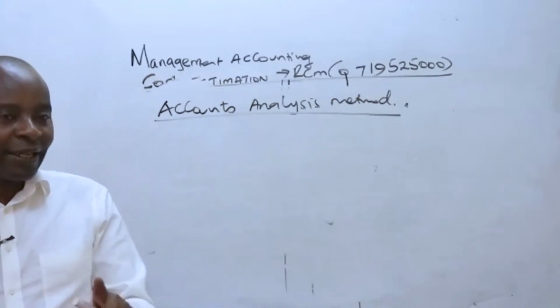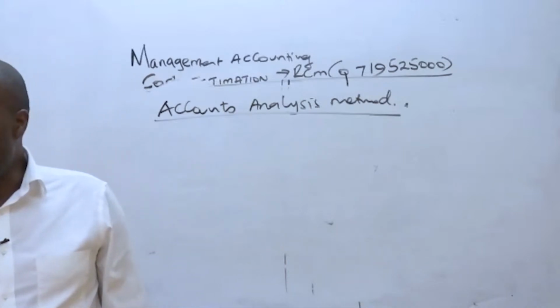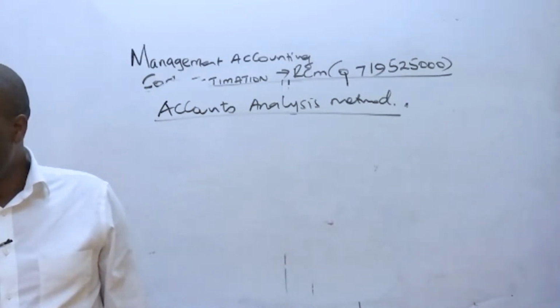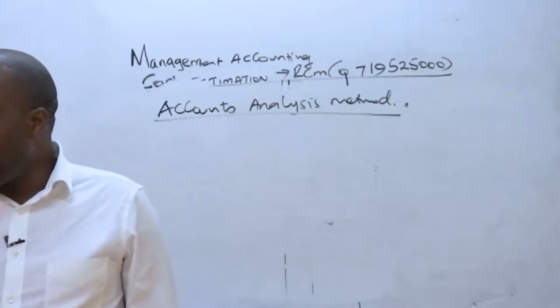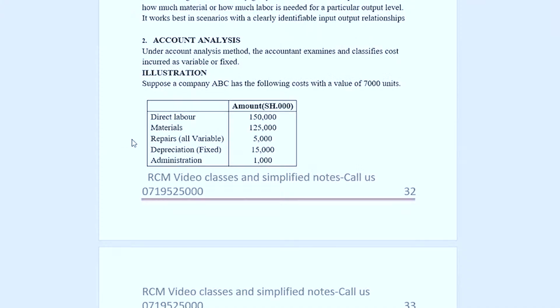It is very important for us to appreciate that. Okay, ladies and gentlemen, here we are. For us to be able to understand this, it will be very important for me to give you an example. Under the account analysis method, the accountant examines and classifies cost in a card as variable or fixed.